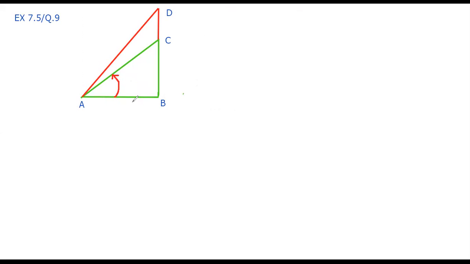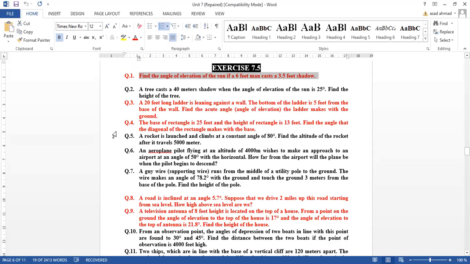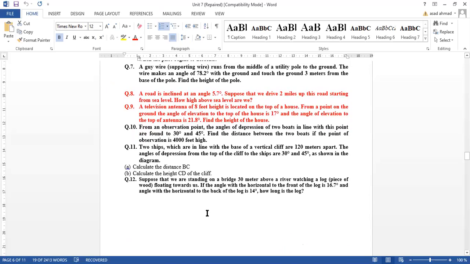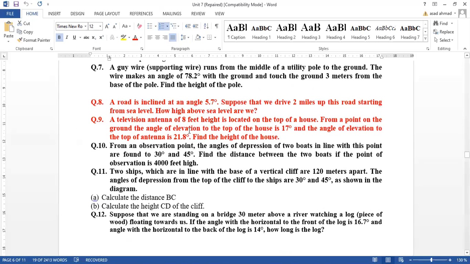One is this, another one is starting from this to this. If we read the statement again: a television antenna of 8 feet height is located on the top of the house.